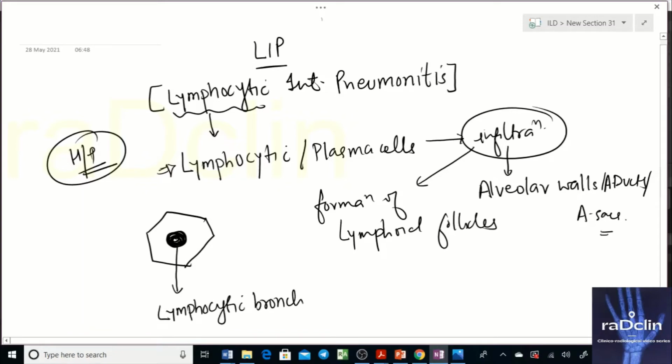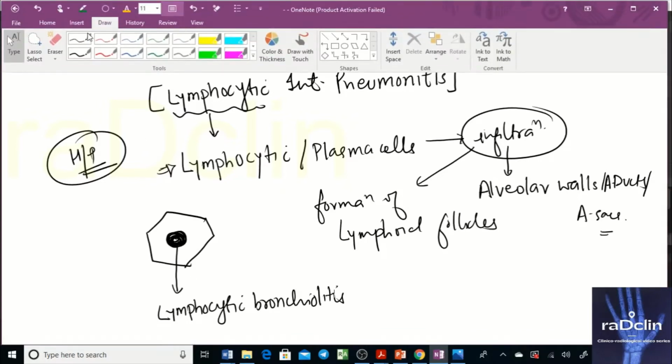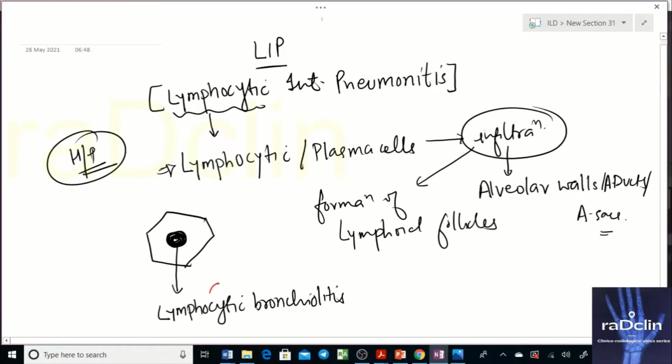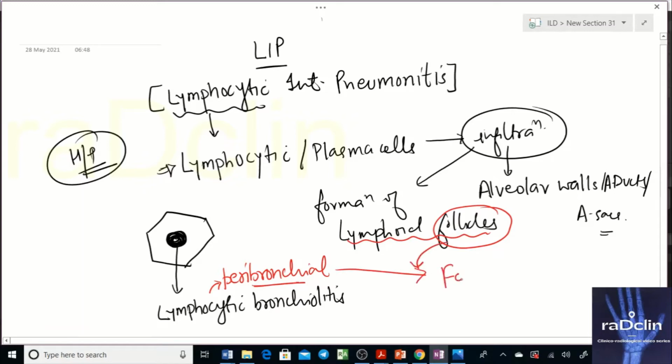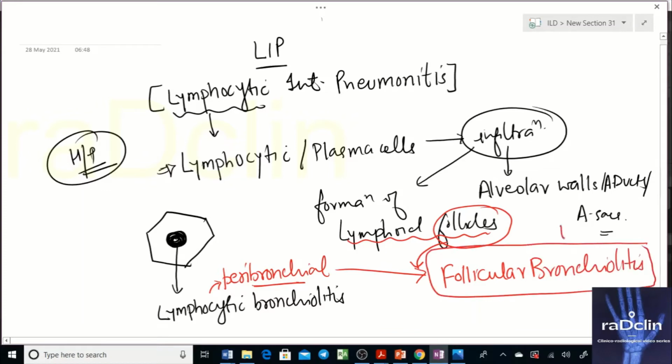So it is peribronchial, and since there is formation of lymphoid follicles, we can call it follicular bronchiolitis. That is one histopathological aspect.